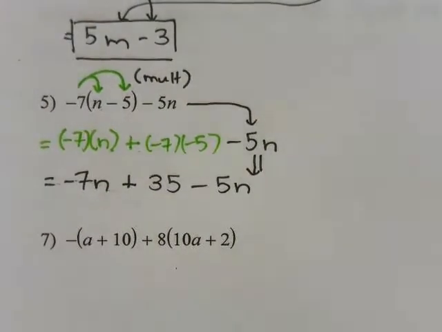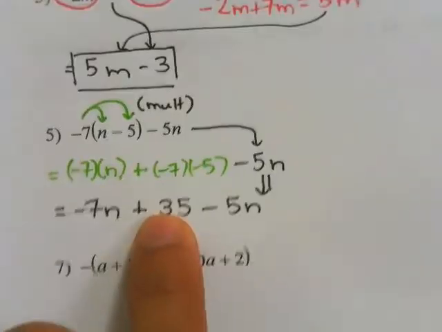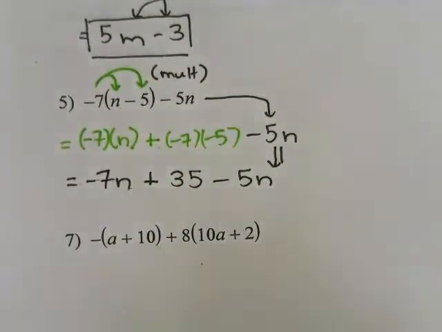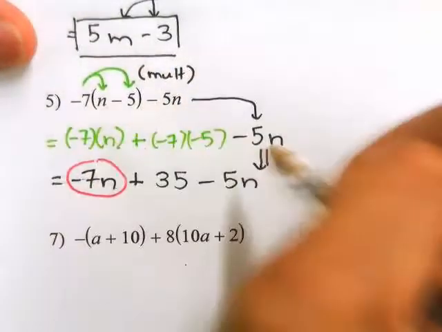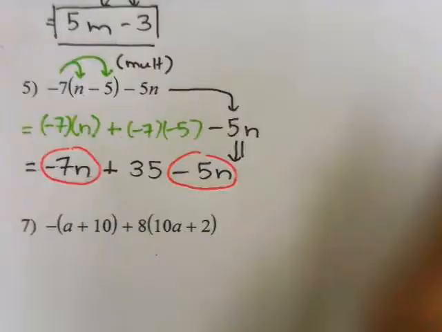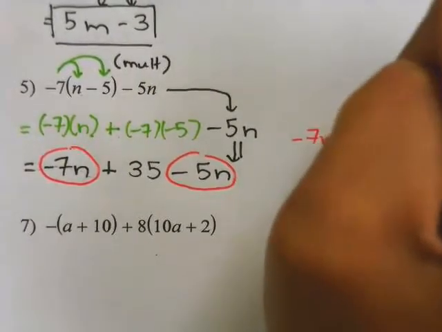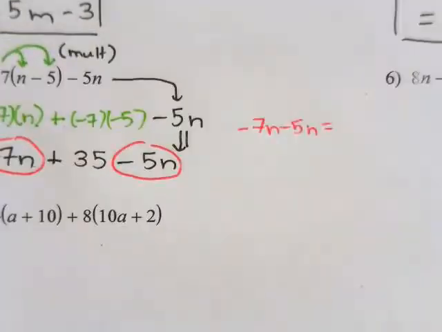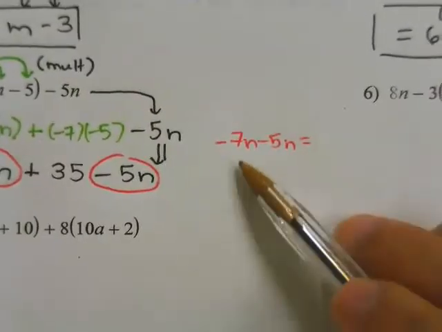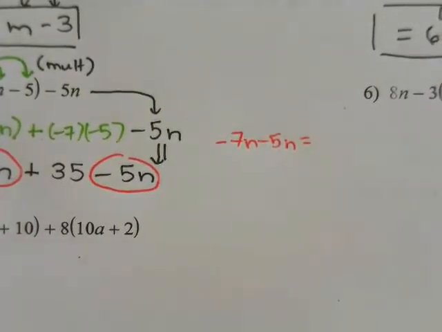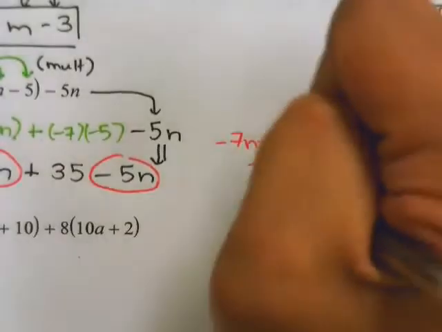We're almost done. Now this step looks like some of these problems over here, which we've done. Now we're just going to circle the like terms. And the like terms are -7n and -5n. Let's do that on the side. -7n minus 5n. You owe someone $7, and then you're asking that person for 5 more. Hopefully you're not owing people.